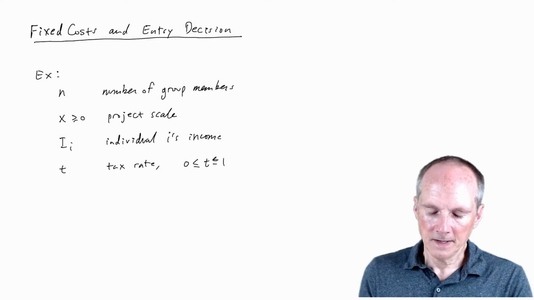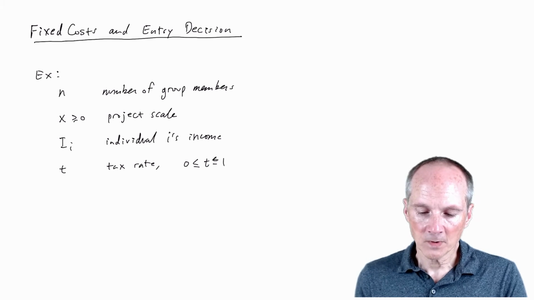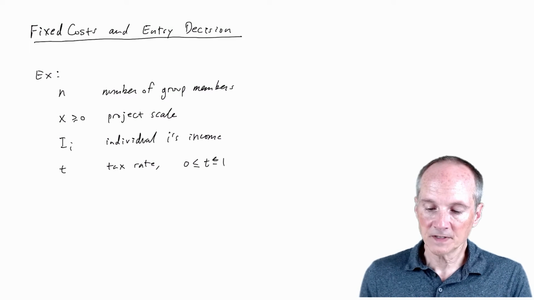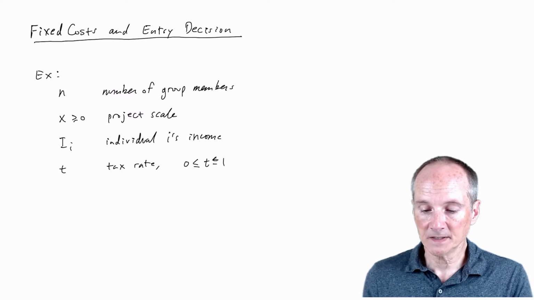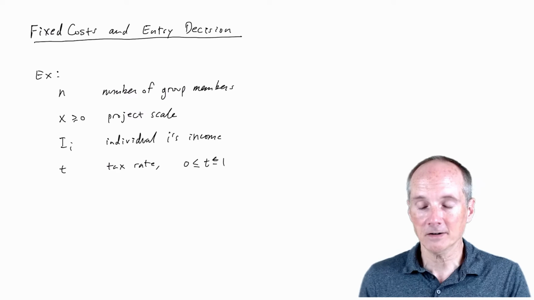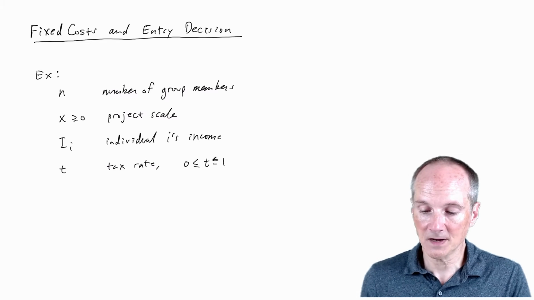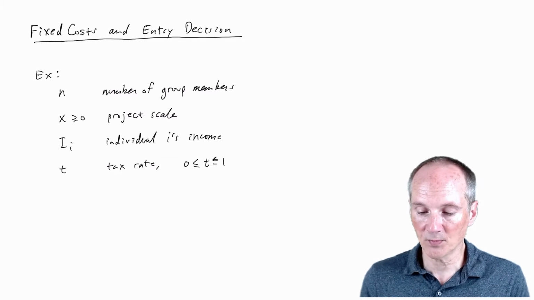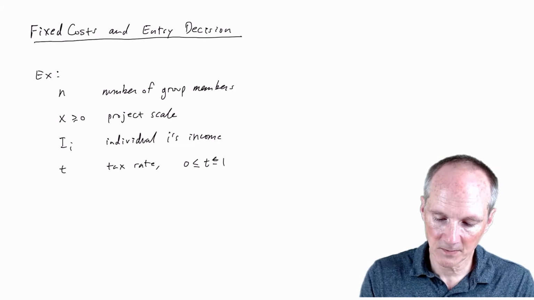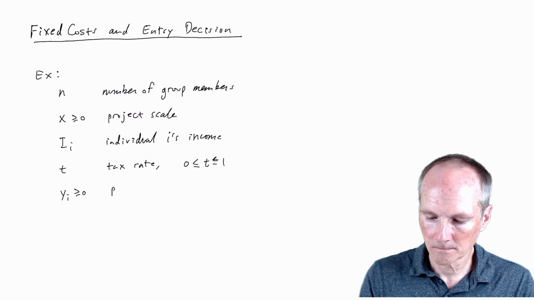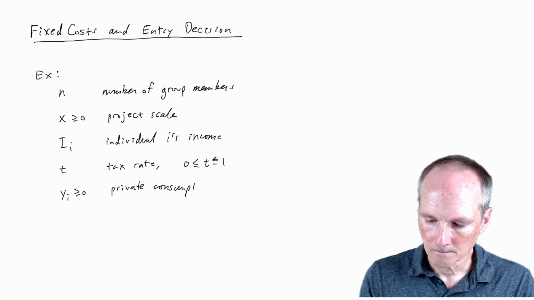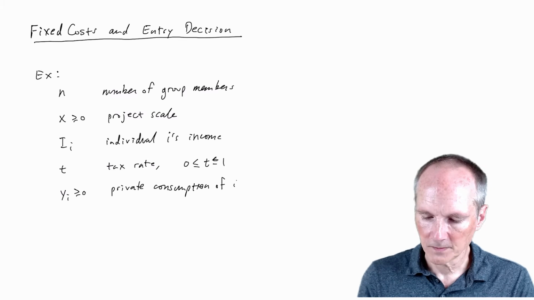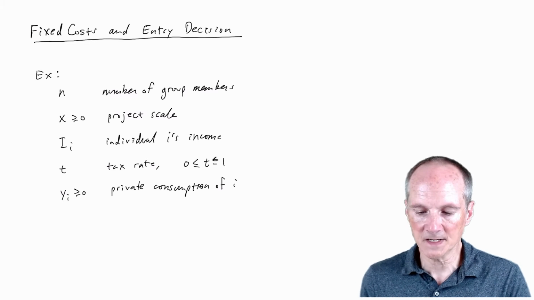Now we're going to assume that members of this group get some benefits from this project, but they don't want to just give away all of their income for this, because they also get benefits from private consumption. And we'll call that y_i. y_i is individual i's private consumption.